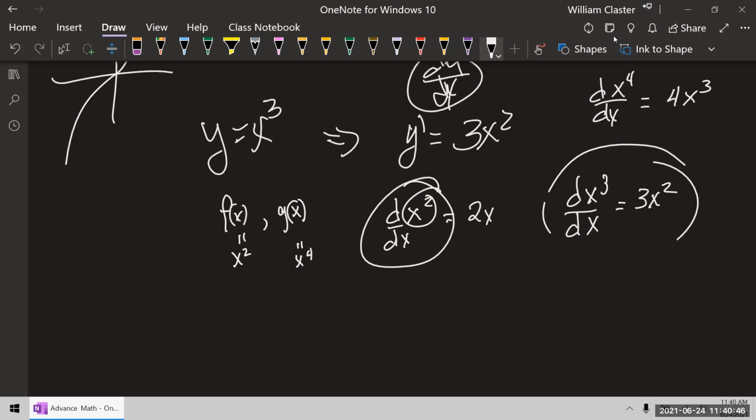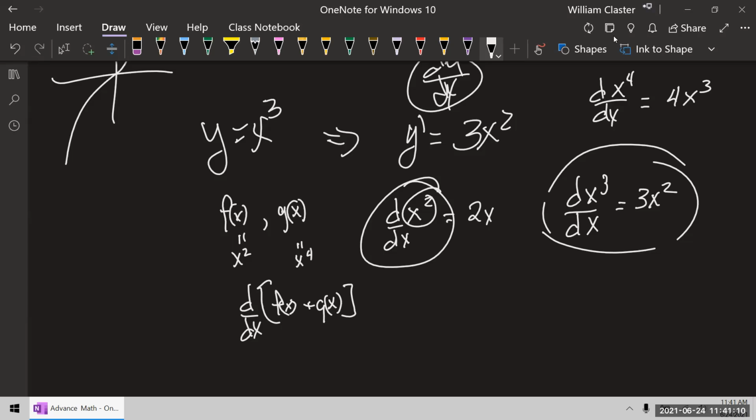Now suppose I have this function f and this function g, and I want to know the derivative of the two of them together, of f plus g. I want to know the derivative of the sum.